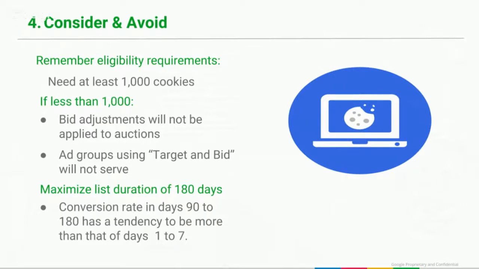But by expanding it to 180 days, you're now allowing those cookies to be saved until that 180-day period. What we've noticed on our end is that the conversion rates between 90 and 180 days after the site visitation are actually significantly higher than someone who returns to your site after 1 to 7 days. So that's one thing to consider, is maximizing that list duration size.